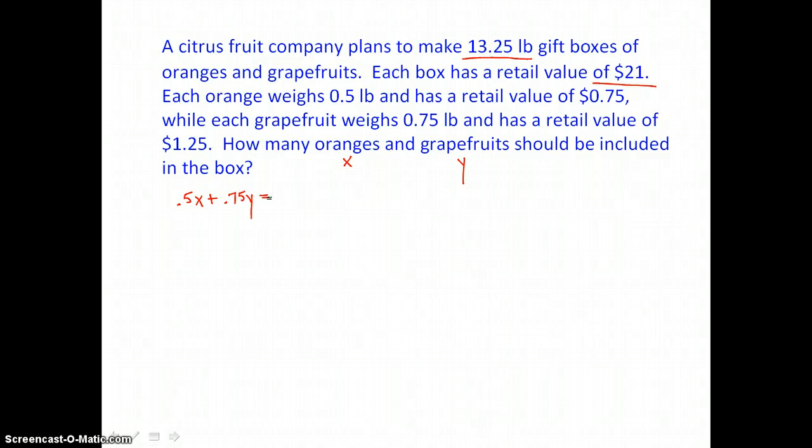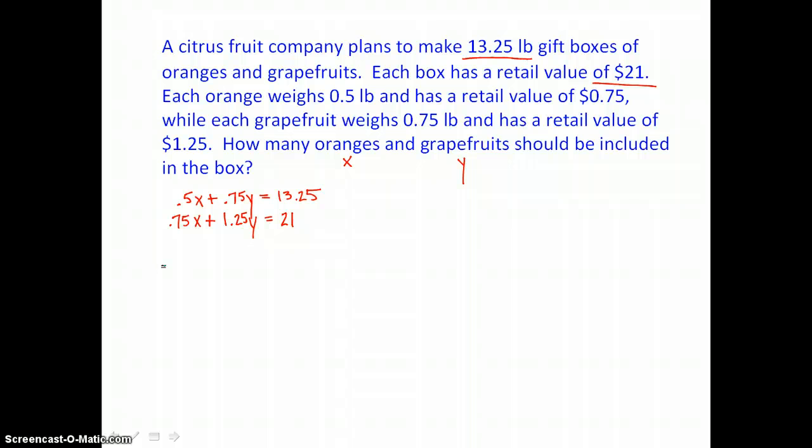So that will total 13.25 for our box. Okay, then to get $21, we'll take 75 cents times the number of oranges plus $1.25 times the number of grapefruits, and the sum of those products should be $21. So here's our system of equations.